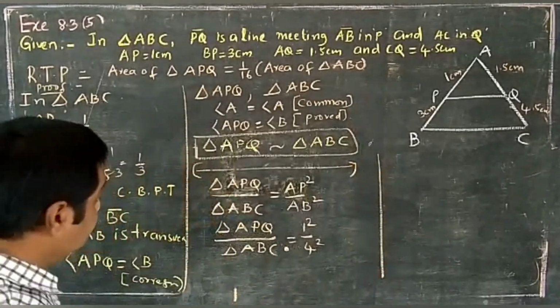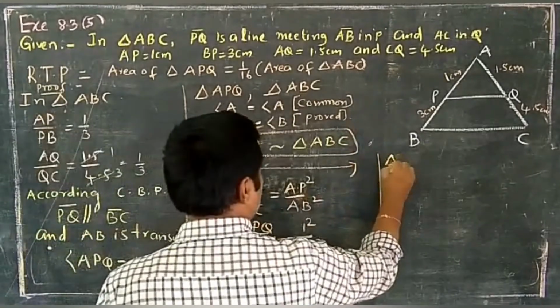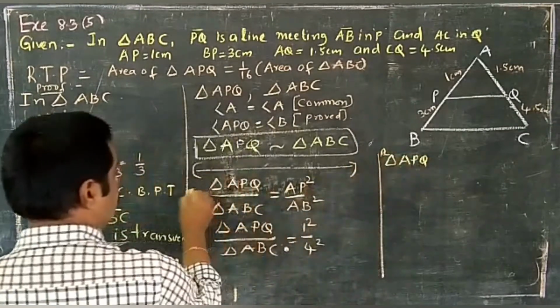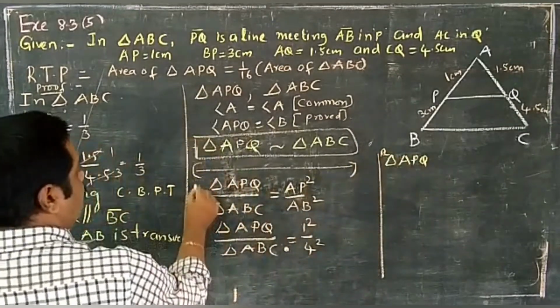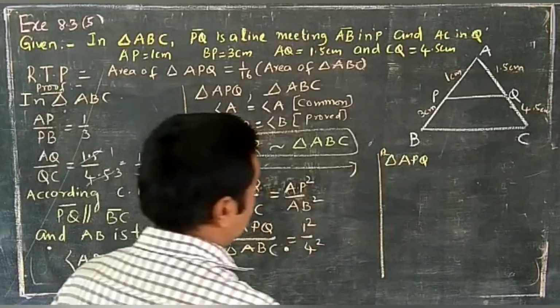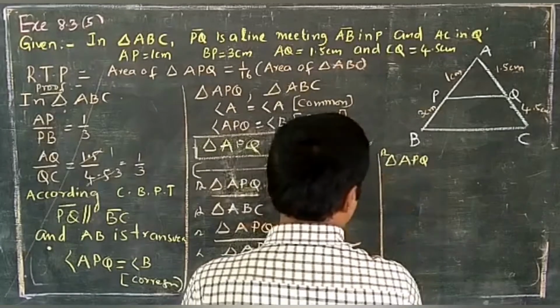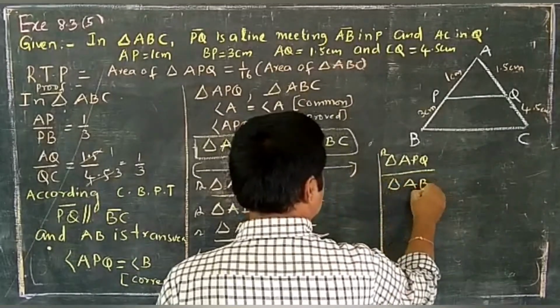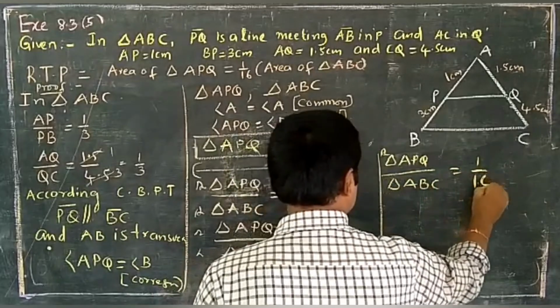So, area of triangle APQ by area of triangle ABC is equal to 1 by 16.